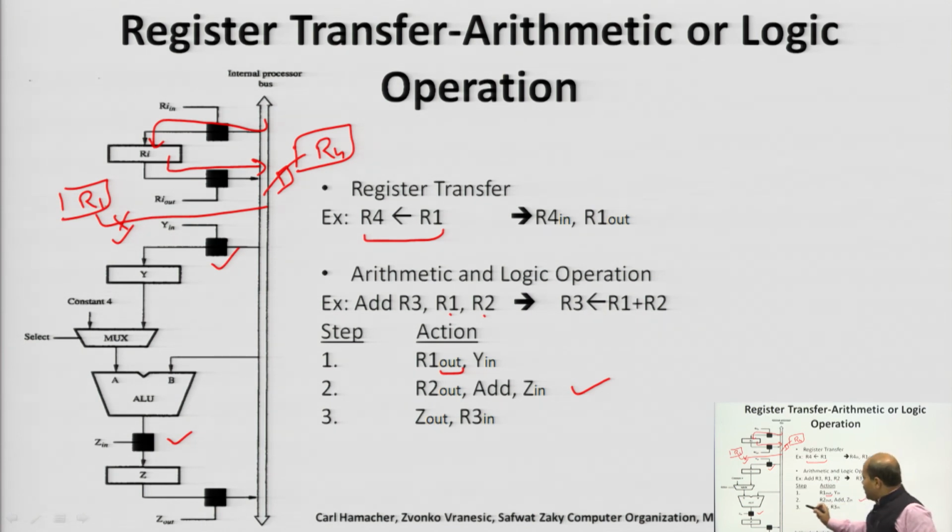Now the result is available in the Z register, and we have to transfer this result from Z to R3. Which gates are to be opened? The out gate of Z should be open and the in gate of R3 should also be open. Then only there will be a path from Z to R3.